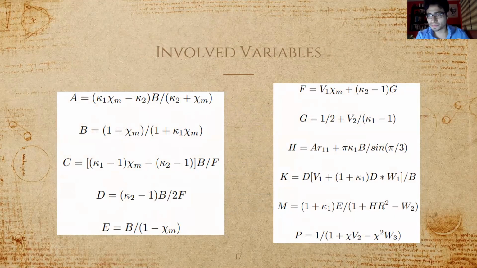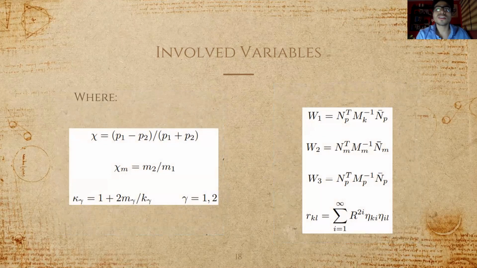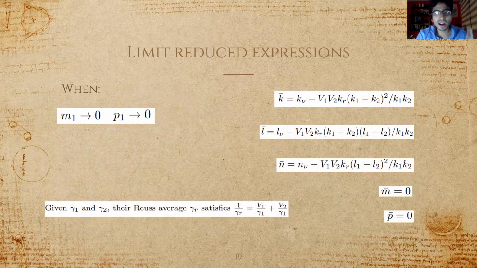Of course, M1 and P1 are the rigidity modules of the ideal fluid, and so if we want to know how the effective coefficients behave when the rigidity modules disappear, we need to calculate the corresponding limits when both M1 and P1 tend to zero of all of these quantities and these ones. So we did it, and we obtained these new expressions that, compared to the original ones, are quite simple.